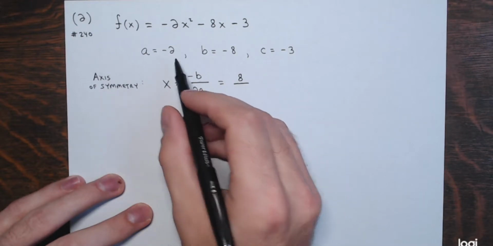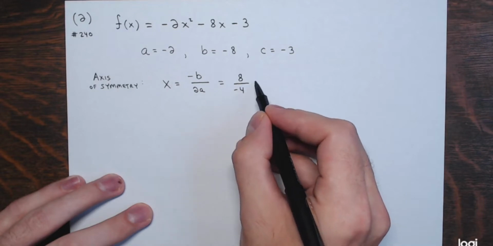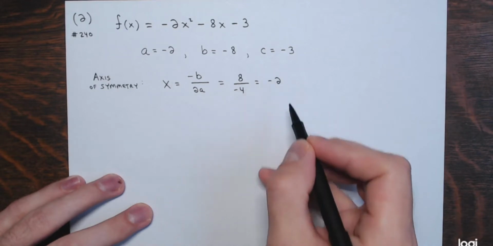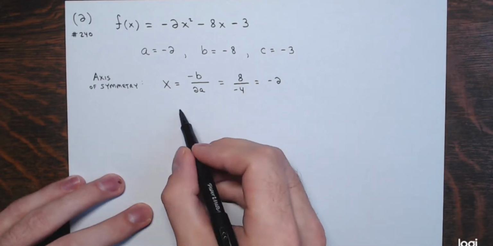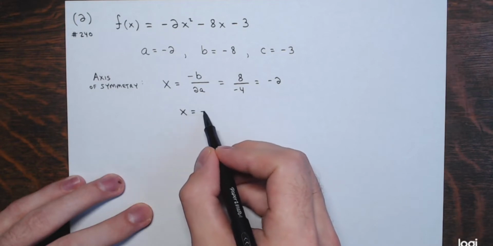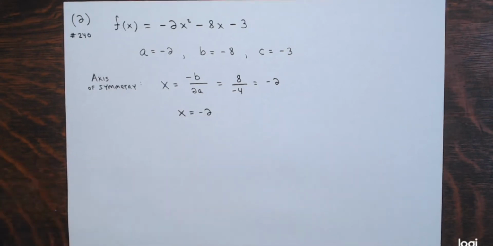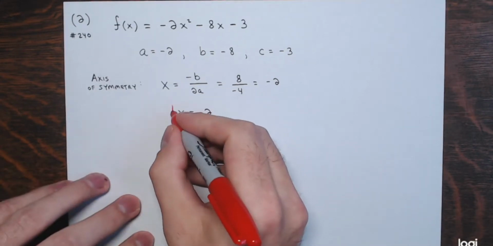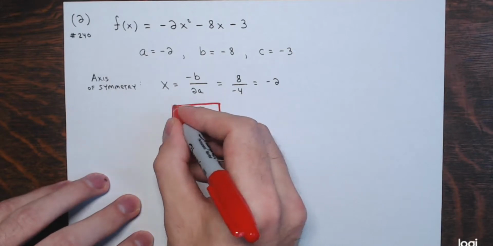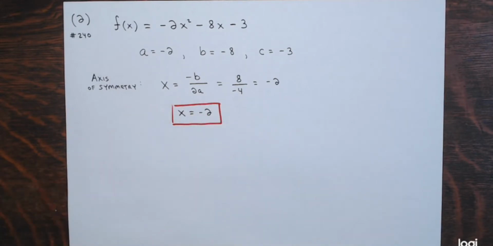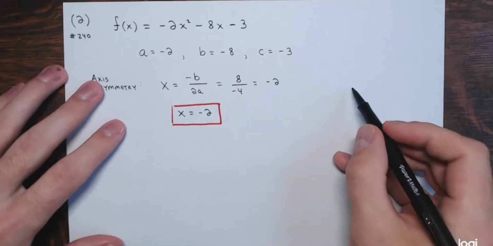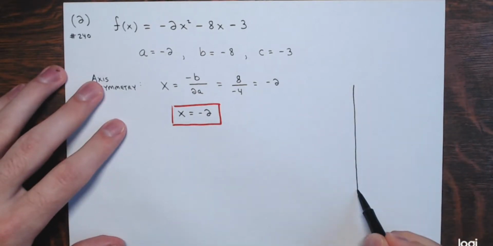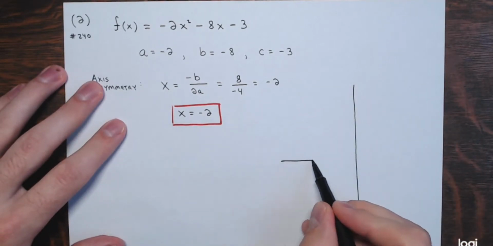That's -4 in the denominator, and that simplifies to just -2. So x equals -2 is the axis of symmetry. This vertical line will cut the parabola in half, if you want to think of it that way. And I'll start drawing. All right, so here's the xy coordinate plane.